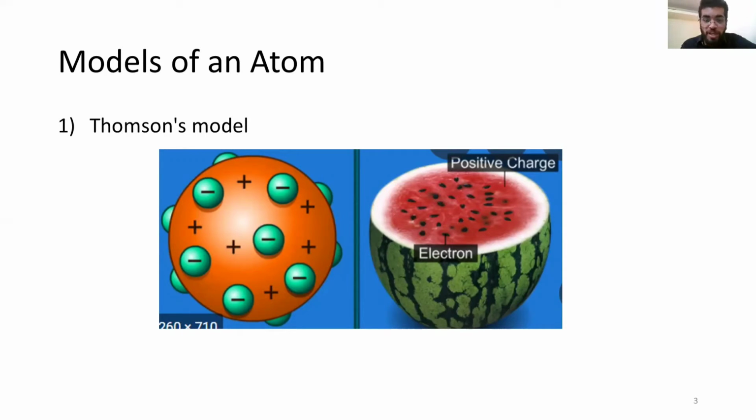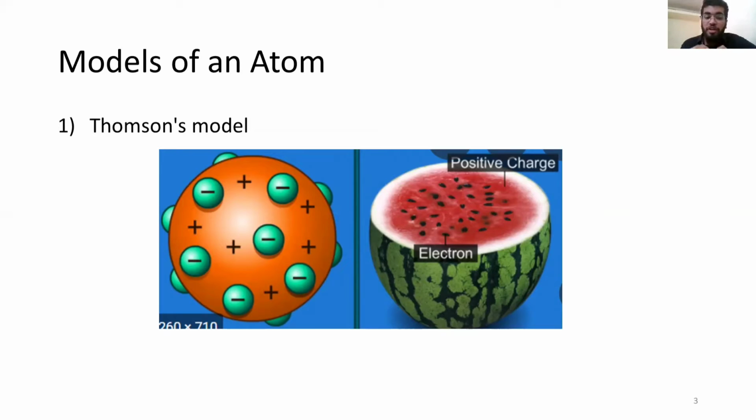Have you seen a watermelon? Good. So if you consider the melon as an atom, the red portion is the positively charged particle, while the negatively charged black seeds are embedded in it. Got it? Any confusion? All good.